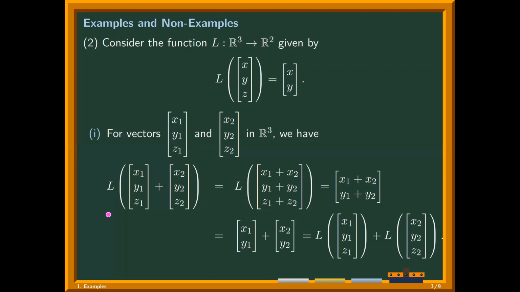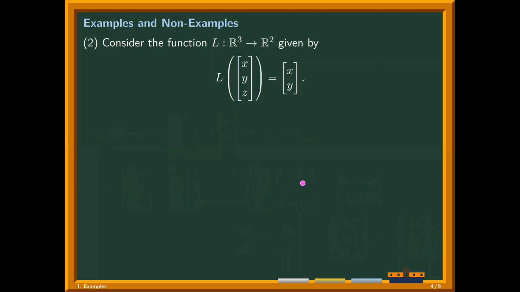So we see that L of the sum equals L of the first summand plus L of the second summand. In other words, condition I in the definition of a linear transformation is satisfied.